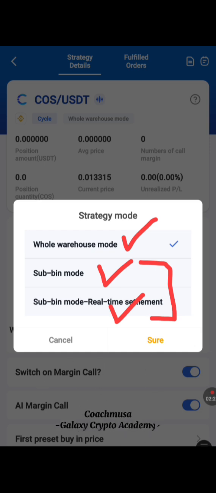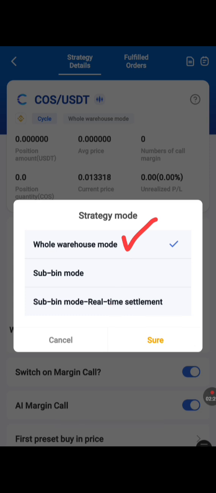So to begin with, we are going to begin by looking at the Whole warehouse mode. The Whole warehouse mode is a strategy that allows for the treatment of all funds that the robot has injected into the market as a single unit.